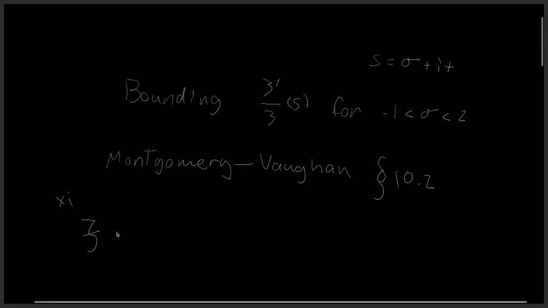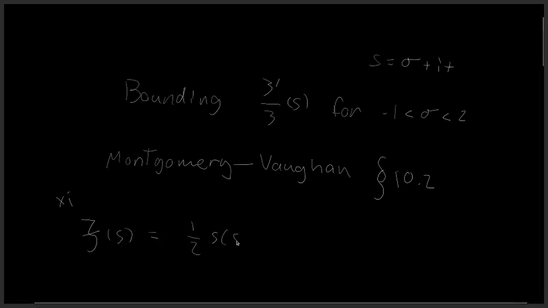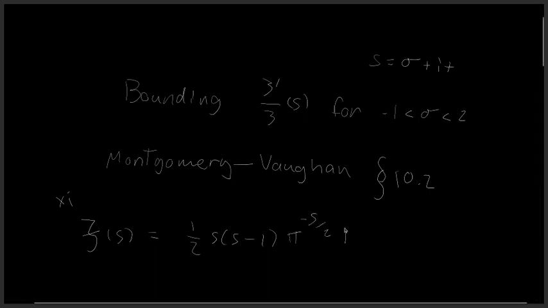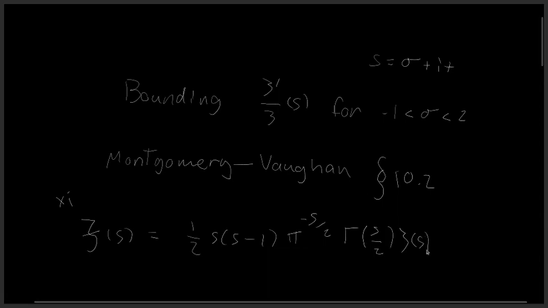And it's defined to be 1/2 times s minus 1 times pi to the minus s over 2 gamma of s over 2 zeta of s.